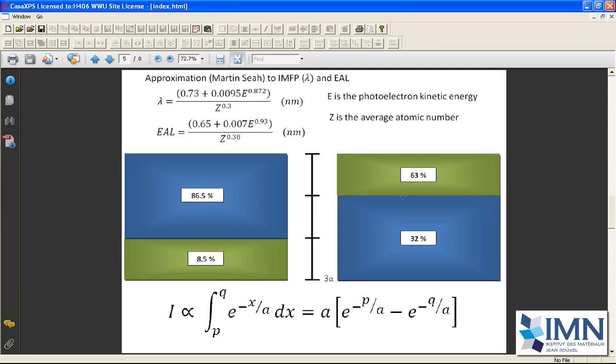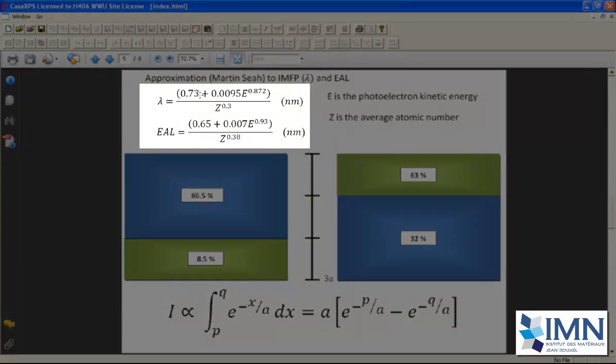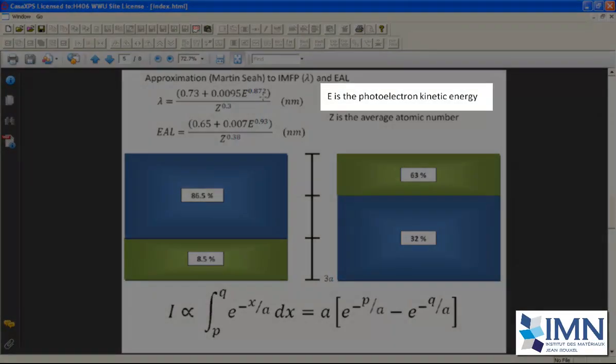If attenuation happened uniformly over a spectrum, then the implications would be limited. However, this is not true. What happens is that this parameter A varies as a function of the kinetic energy, and here we have two formulae that estimate the attenuation length.